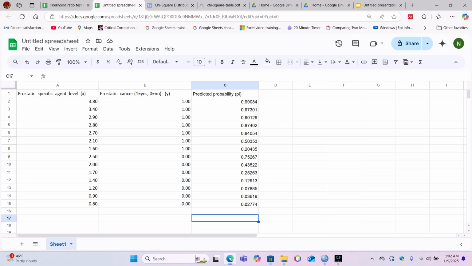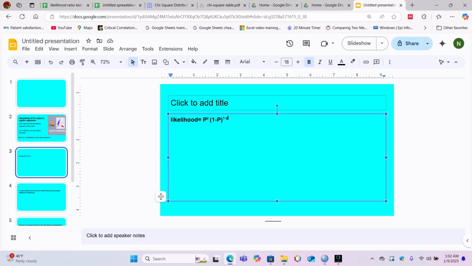Now we will estimate the likelihood. We will extract the formula for likelihood from the slide here. This is the formula for likelihood: probability raised to the y, times 1 minus probability raised to 1 minus y. Y is the outcome here.